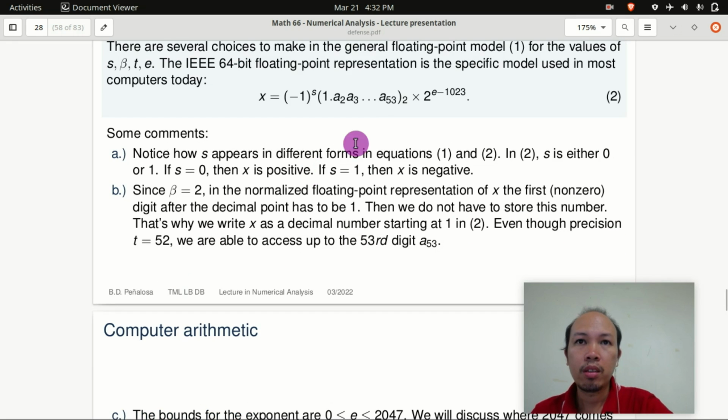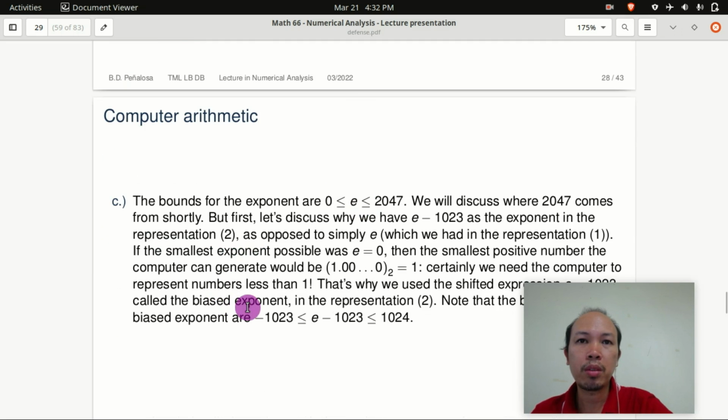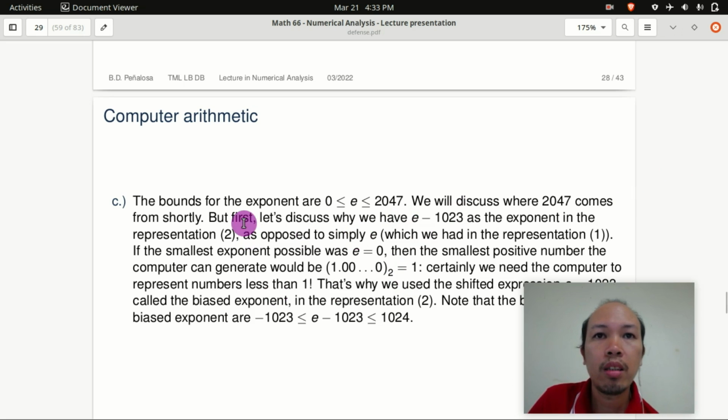Okay, we are able to access up to the 53rd digit, a sub 53. Also, we have some comments here. The bounds for the exponent are from 0 to 2047. We will discuss that later. Why is it that the upper bound is 2047?